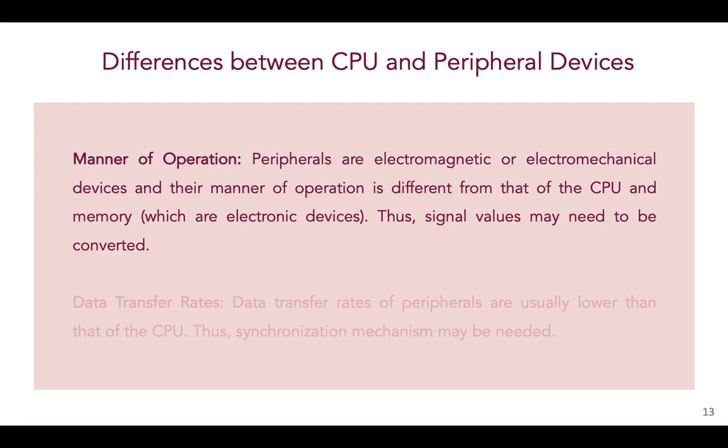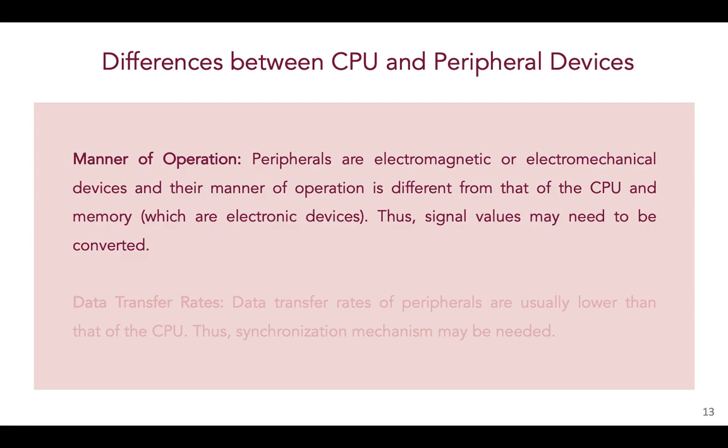So the first difference that exists between CPU and peripheral devices is the manner of operation. Peripheral devices are either electromagnetic or electromechanical devices, and their manner of operation is inherently different from that of the CPU and memory, which are both electronic devices. Therefore, signal values need to be converted. All right.